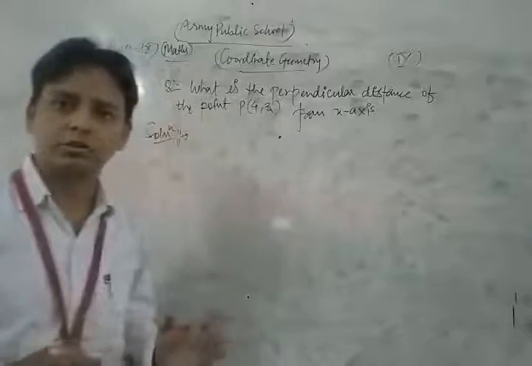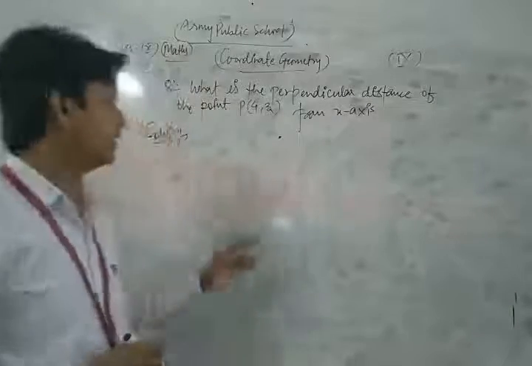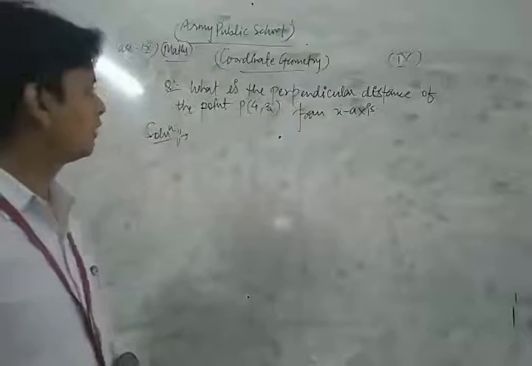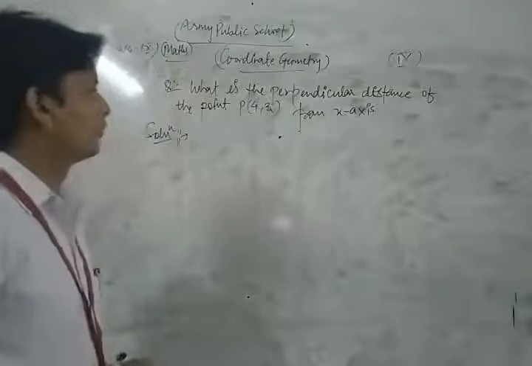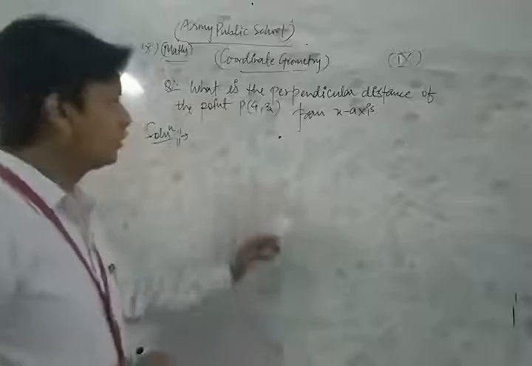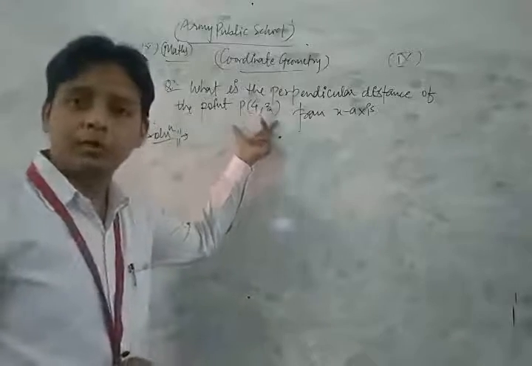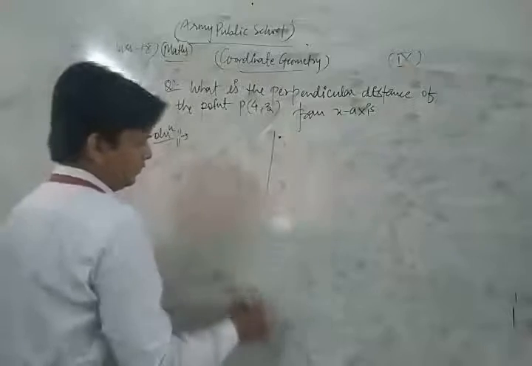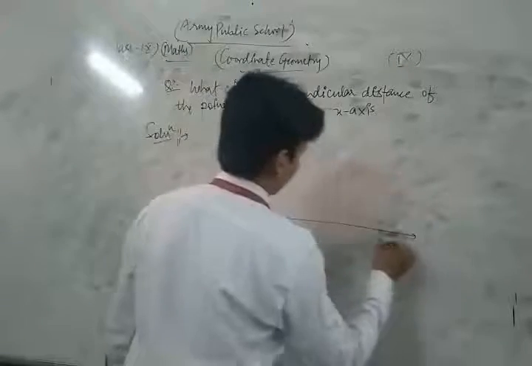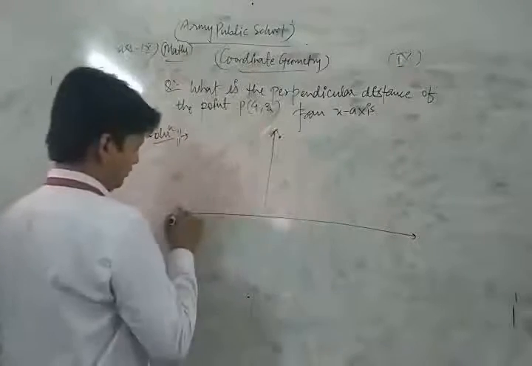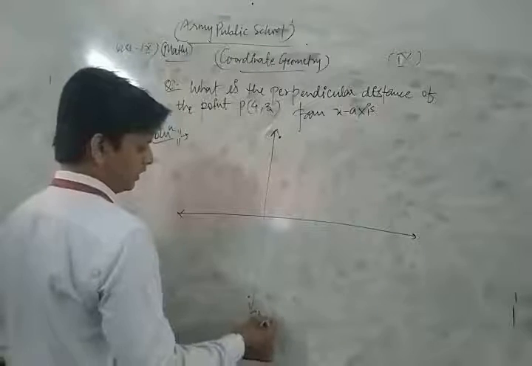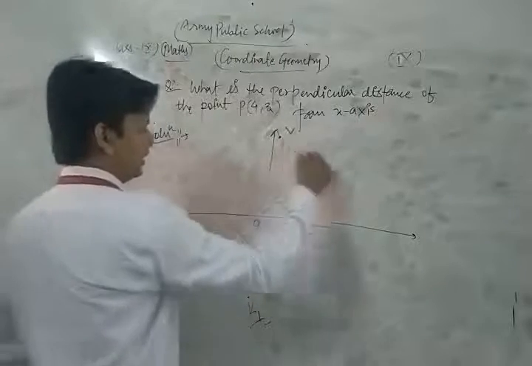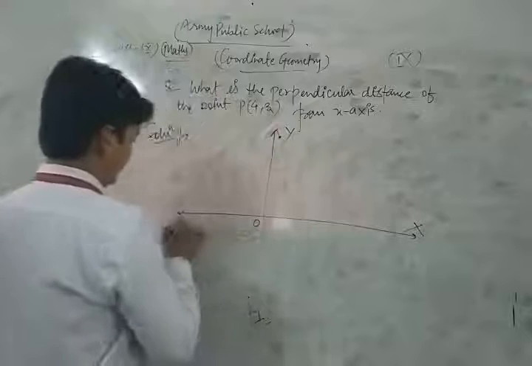This is a very important question related to that chapter. What is the perpendicular distance of the point from the x-axis? First of all, we plot the point P(4,3) on the graph. This is Y'OY, XOX'.